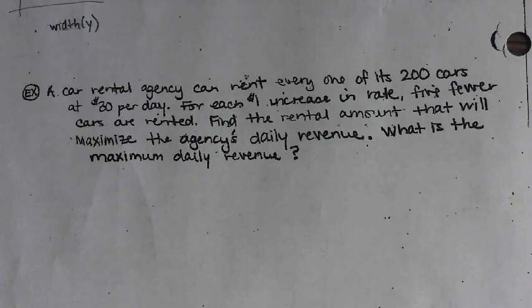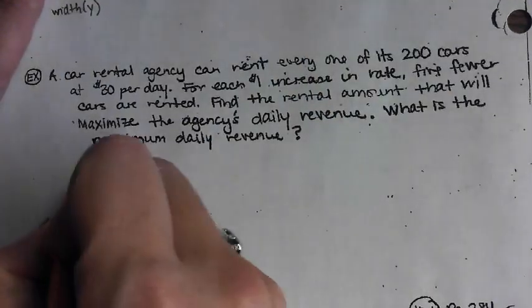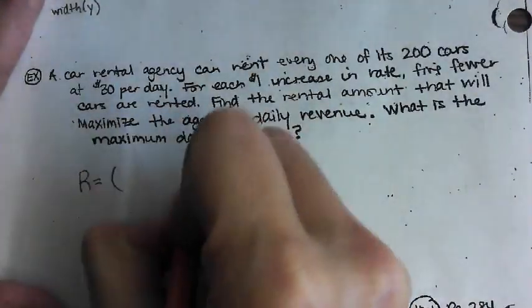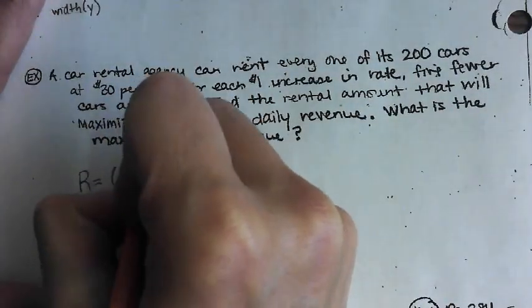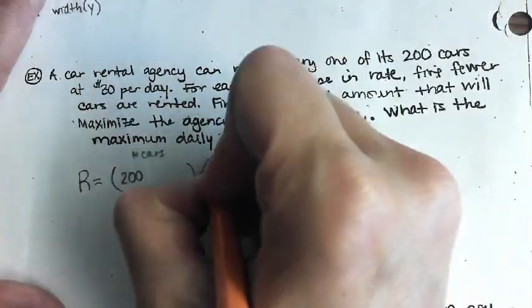I do think what they told you x had to be made it more confusing than it needs to be. So I'm going to show you this in a totally new light. Right now, your revenue is 200 cars. That's your number of cars. Times the price per day, right?